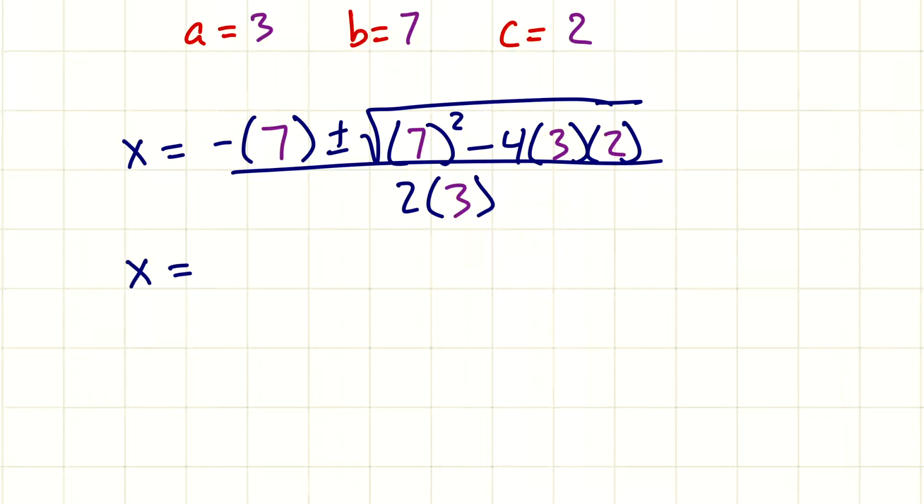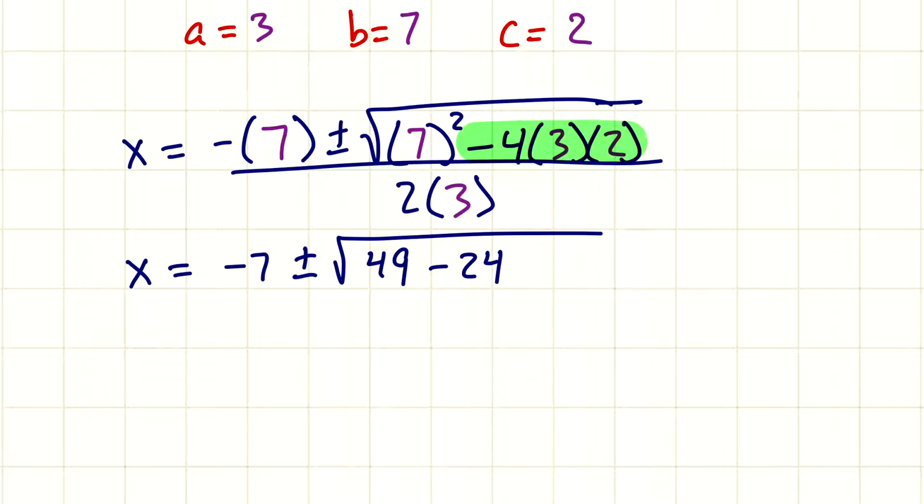So here, let's get started. This is going to be negative 7 plus or minus the square root. 7 times 7 is 49. And the second part to this is negative 4 times 3 times 2, which I think gives us negative 24.